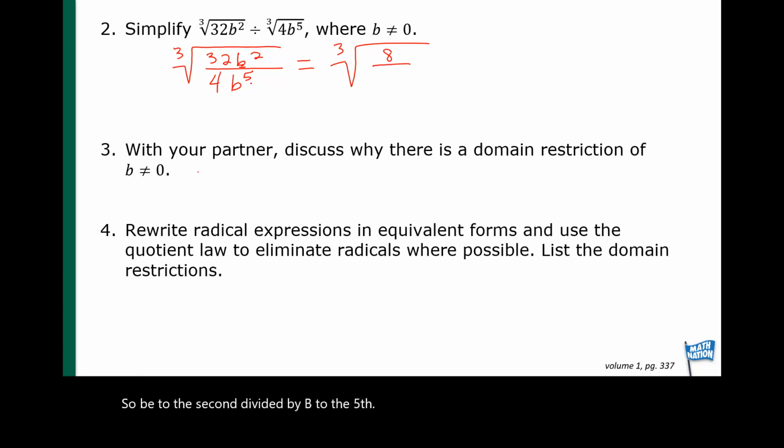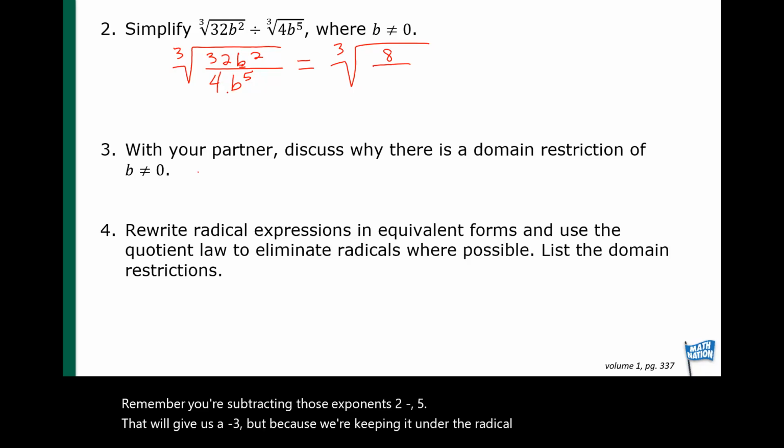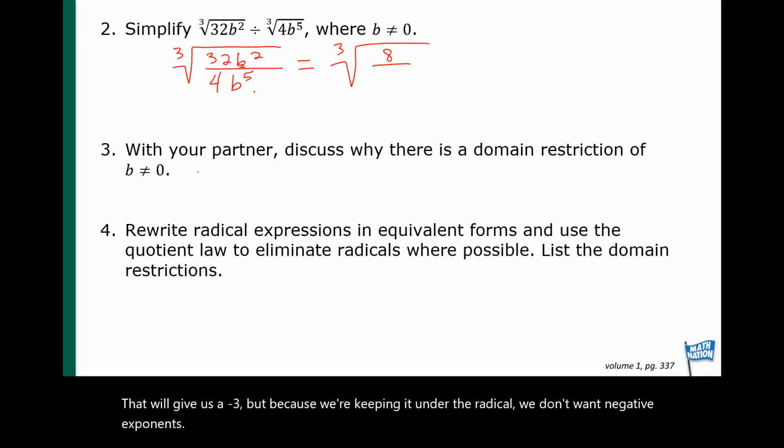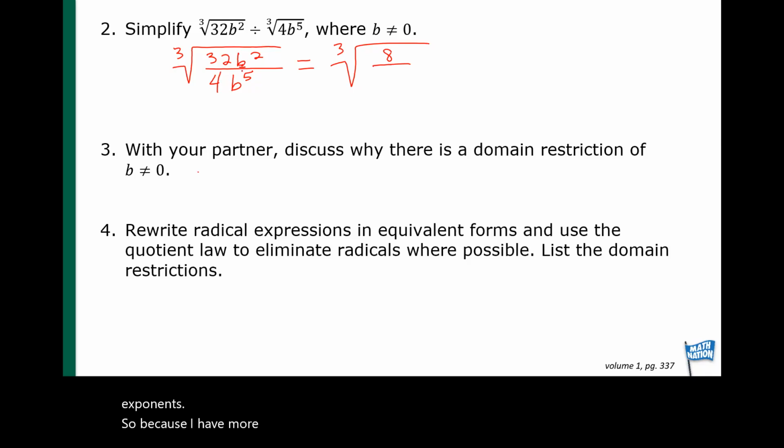Remember, you're subtracting those exponents. 2 minus 5 will give us a -3. But because we're keeping it under the radical, we don't want negative exponents. So because I have more b's in my denominator, that b to the third stays in the denominator.